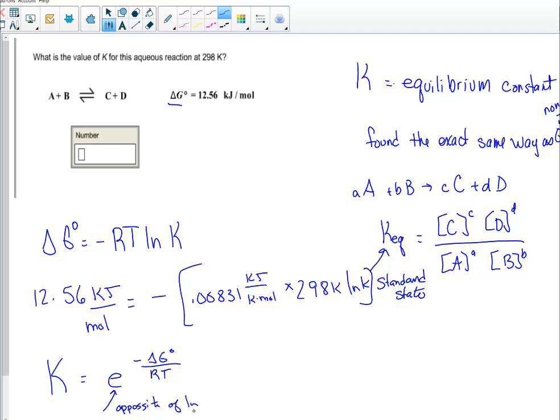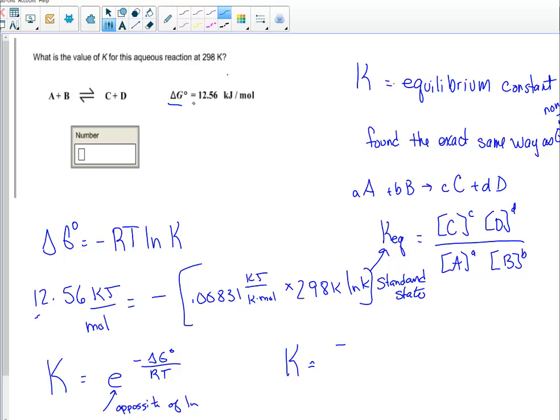It's the natural log base, Euler's number. I'd like to know K, the equilibrium constant. So I'm going to take that value negative and the negative sign here.